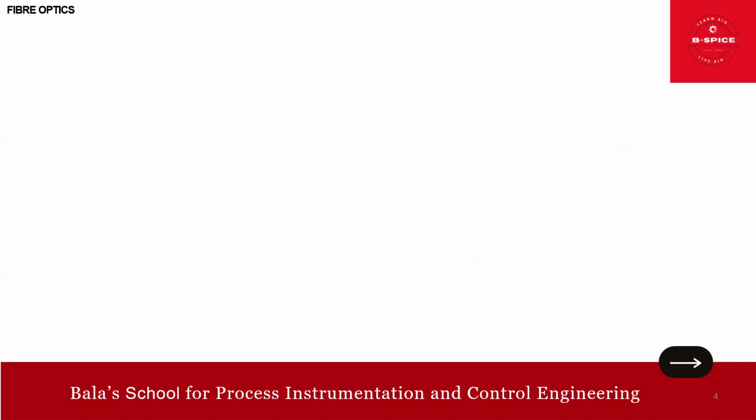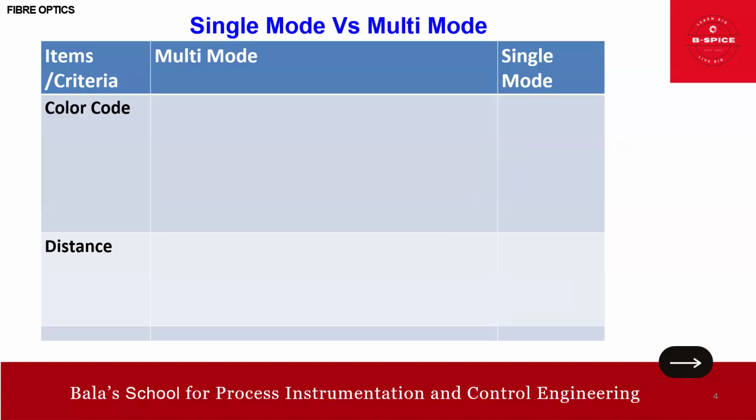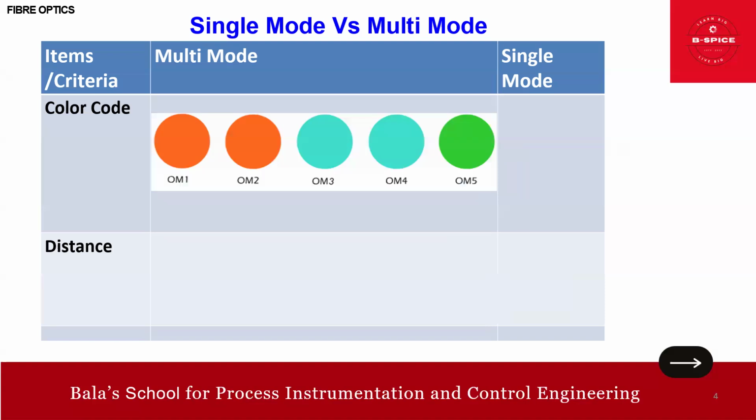Then we go into the color code. Different colors allow us to distinguish the cables. There is a standard, TIA 598 C, which defines the color code.